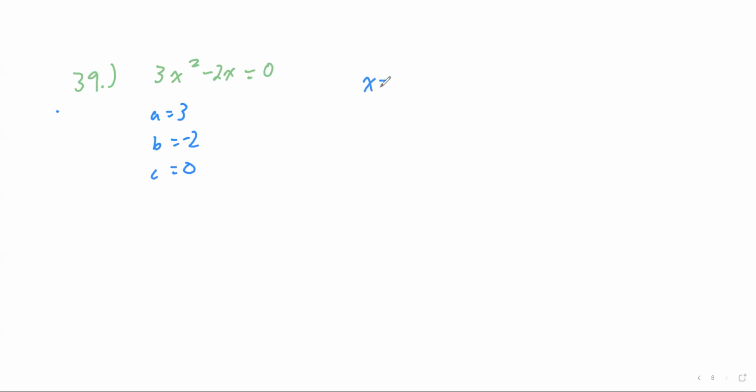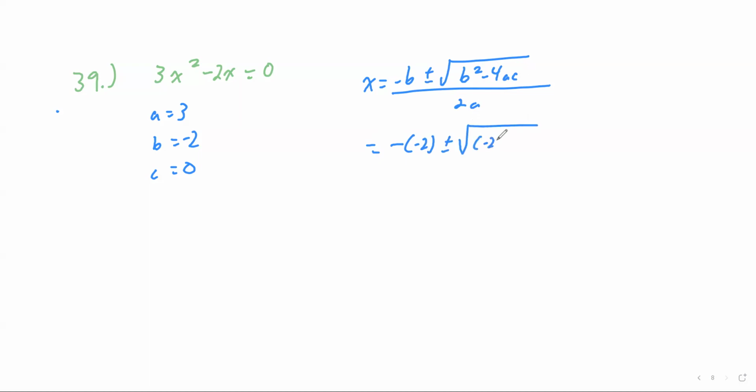So again, the formula: negative b plus or minus the square root of b squared minus 4ac, all over 2a. So then I get negative negative 2 plus or minus the square root of negative 2 squared minus 4 times 3 times 0, over 2 times 3.